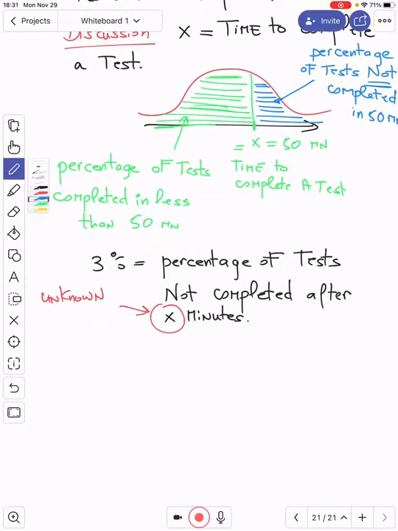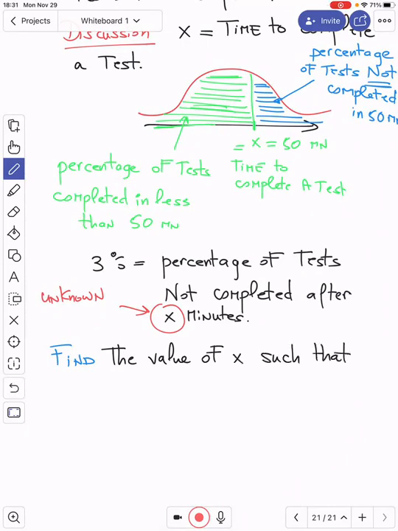So what we need to do here is find the value of x such that 3% of the normal distribution lies to the right of x.